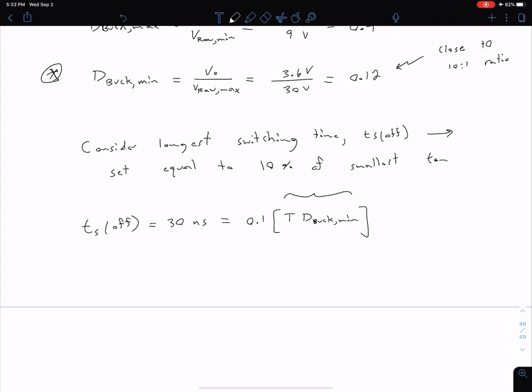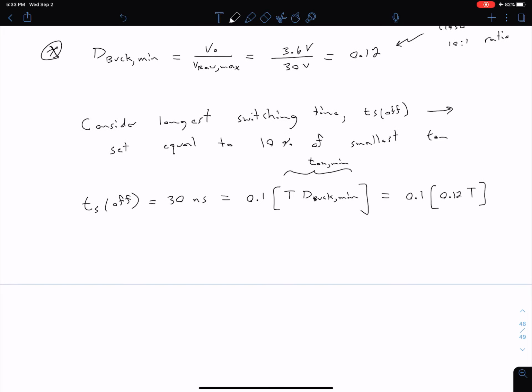So I'll just come up here and say that this is our T on min, essentially. So we can plug in values for that D min, and we have, of course, 0.1 times 0.12 is our D min, and that's multiplied by T. And so what we can do now is we can solve for that T value. So if we solve for that T value, we see that our T is equal to 2.5 microseconds.